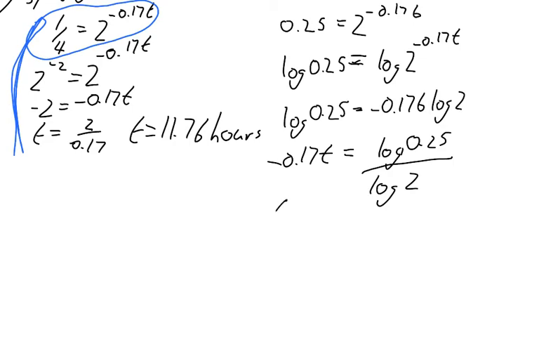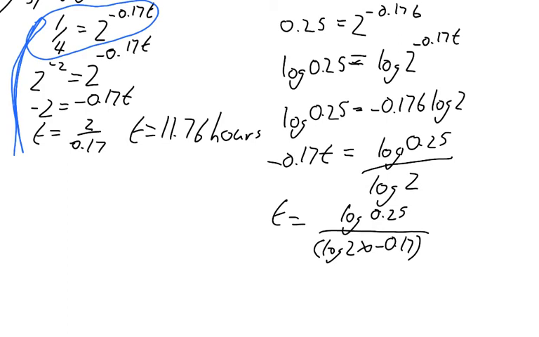So that means t will equal log 0.25 over log 2 times negative 0.17. Now, because remember, as you saw in previous videos, what I'm doing is over here, I'm timesing this by 1 over negative 0.17.